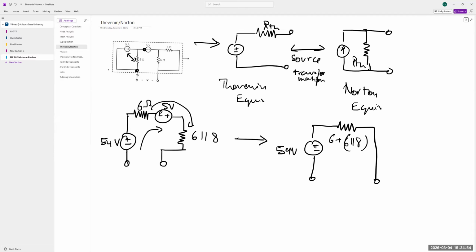I don't have my calculator with me right now, but whatever 6 parallel 8 is, you're going to want to add that to 6. That's going to be your Norton equivalent. Sorry, that's going to be your Thevenin resistance. Yep. So it looks like the answer to this is 9.43 ohms.